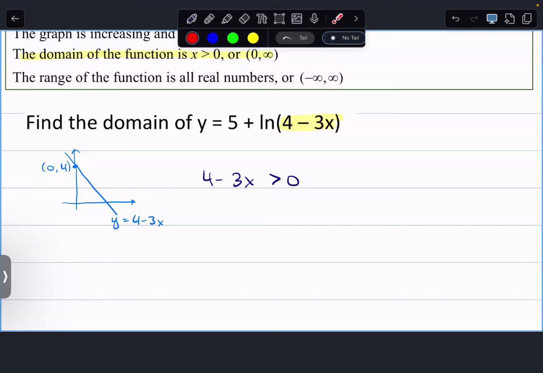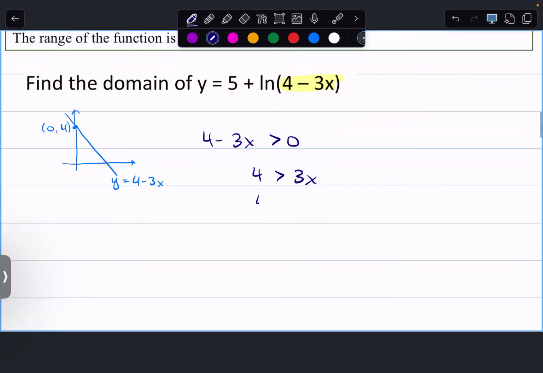I'm going to avoid working with negatives and just add 3x to both sides. Remember with inequalities, if you multiply or divide by a negative, then you have to switch the sign. And so we get 4 is greater than 3x, which means that 4 divided by 3 must be greater than x.